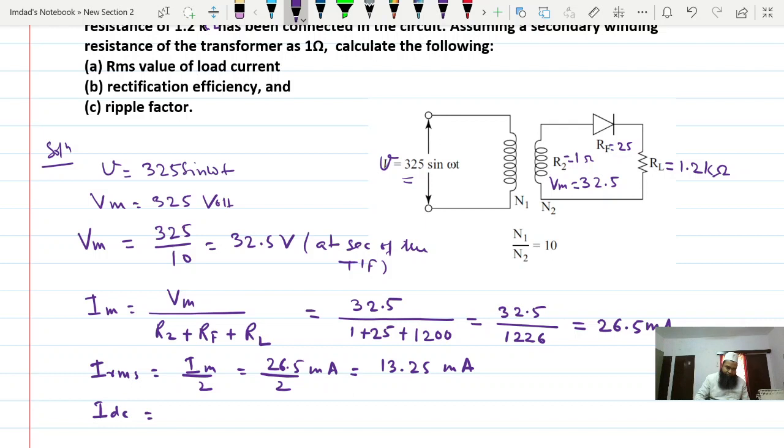I DC equal to Im by pi equal to 26.5 upon pi equal to 8.44 milliampere.